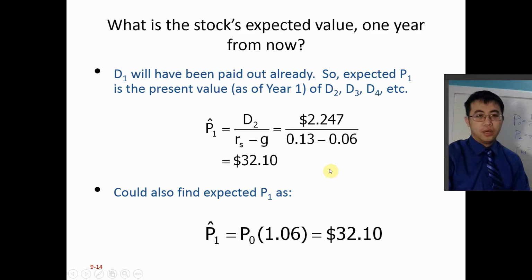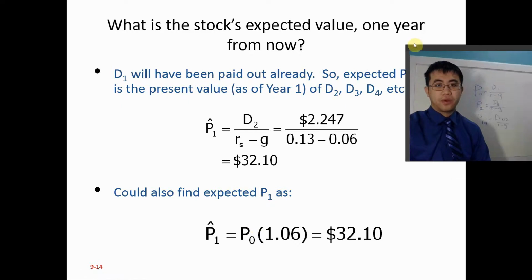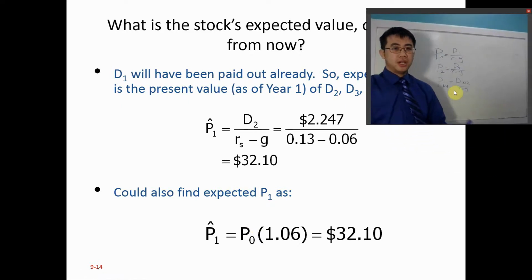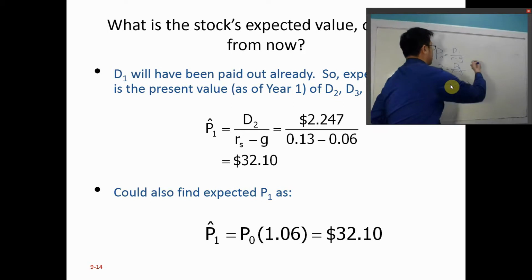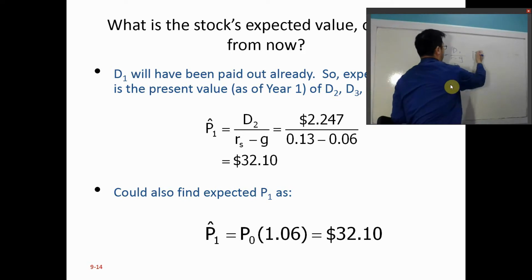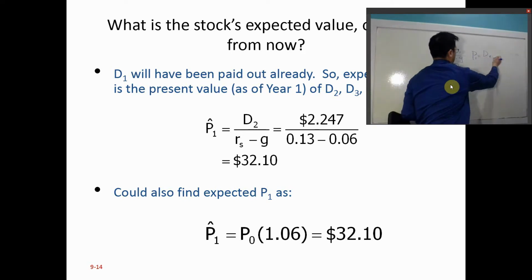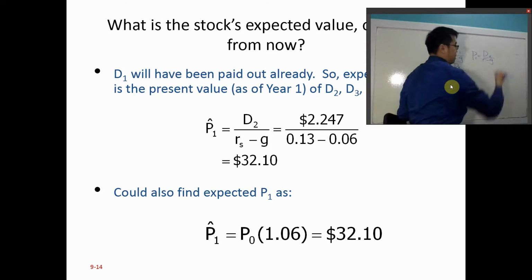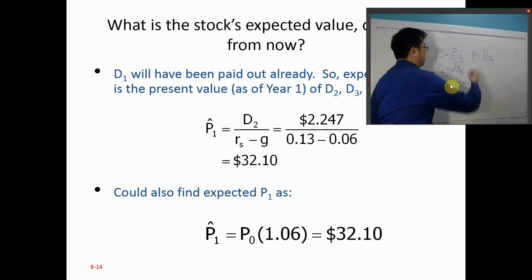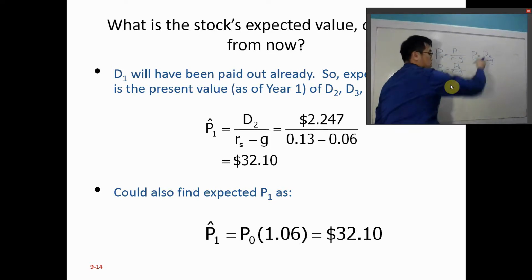Or you can put it this way: the price is growing at the same rate as the dividend growth rate. Let me demonstrate that. Price 1 equals dividend 2 over R minus G. What's the difference between dividend 1 and dividend 2?